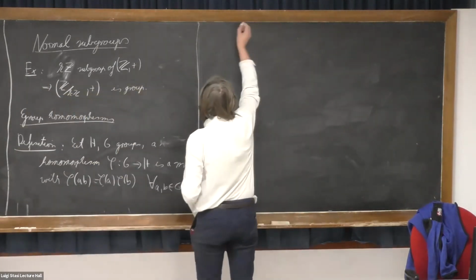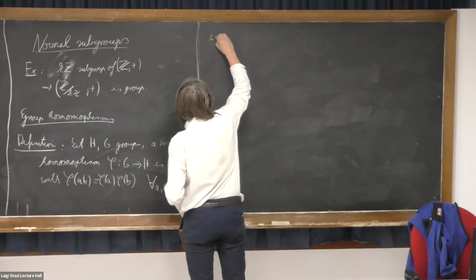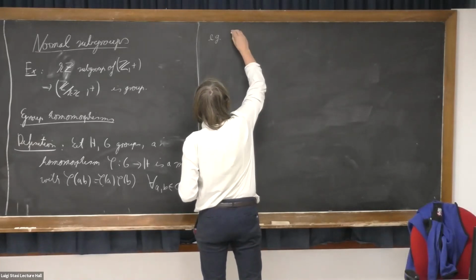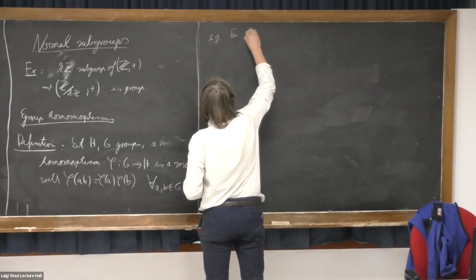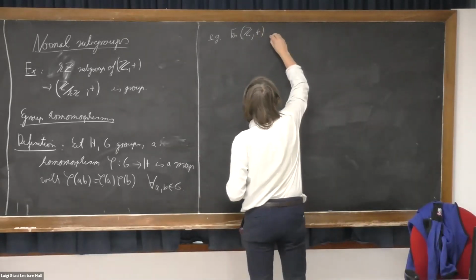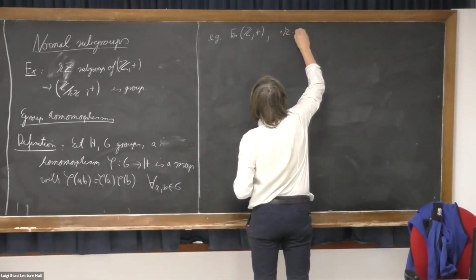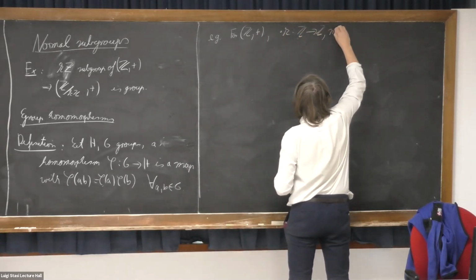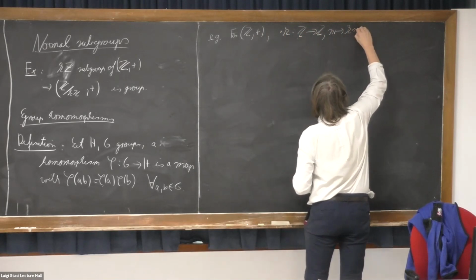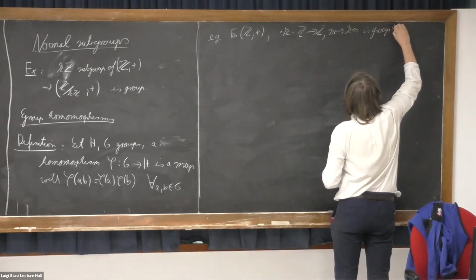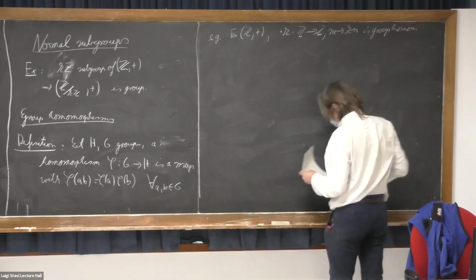So, for instance, for the addition, we map from Z to Z, n to k times n. Okay, great.